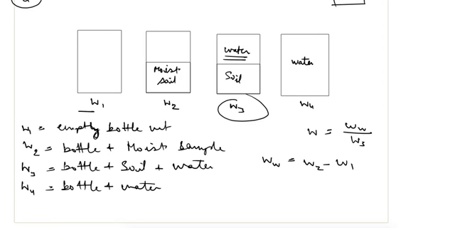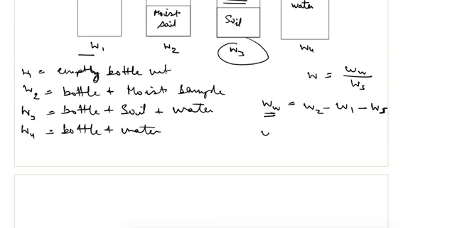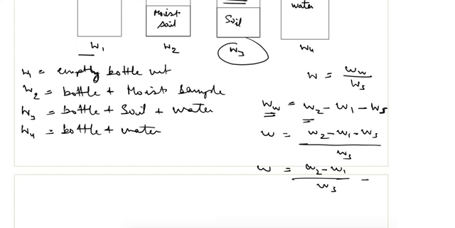And from the moist sample, if I deduct the weight of solids, that is just the weight of the dry sample, it will give me the weight of water. And the water content, we know, using this we can write it as W2 minus W1 minus Ws upon Ws. So w is equal to (W2 minus W1) upon Ws, minus 1.